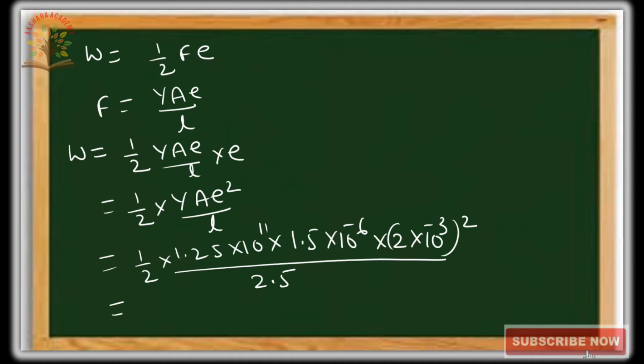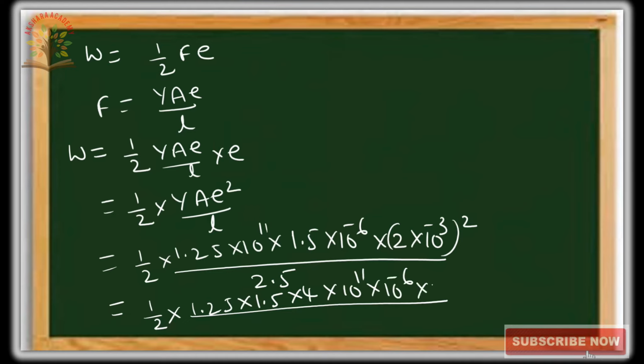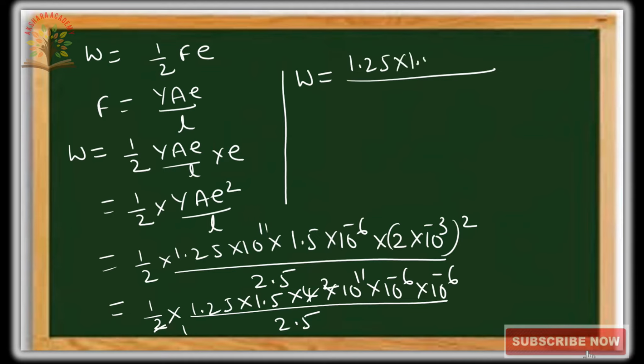So that is equal to 1 by 2 into 1.25 into 1.5 into 4 into 10 to the power of 11 into 10 to the power of minus 6 into 10 to the power of minus 6 by 2.5. 2 ones are 2, 2 twos are 4. So finally we are writing W is equal to 1.25 into 1.5 into 10 to the power of 11 and 10 to the power of minus 12. Simply we are writing 10 to the power of minus 1 by 2.5.